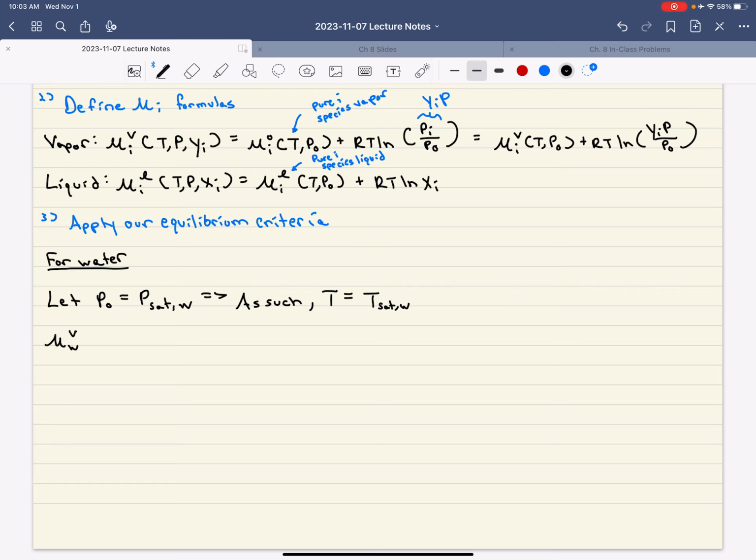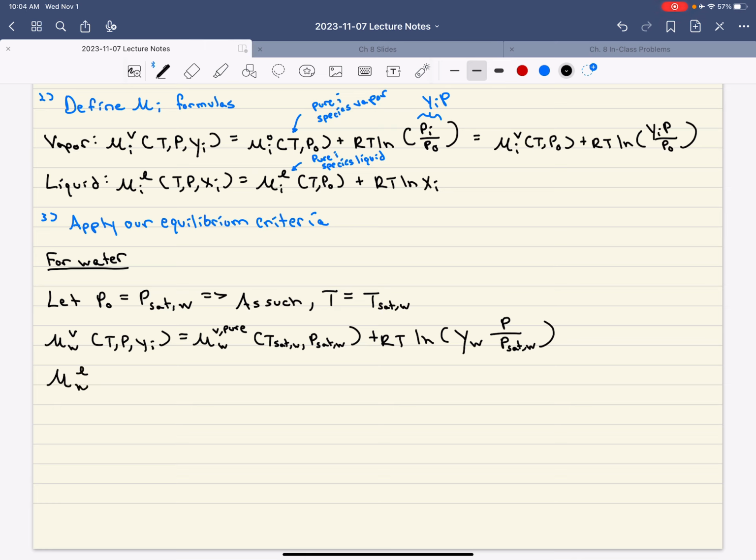At these conditions, we'll take a look at the chemical potential of water in the vapor phase. We'll have the standard state chemical potential of pure water in the vapor phase at T sat and P sat W. And then we have our RT ln mole fraction of water over P sat W. That's for the vapor phase.